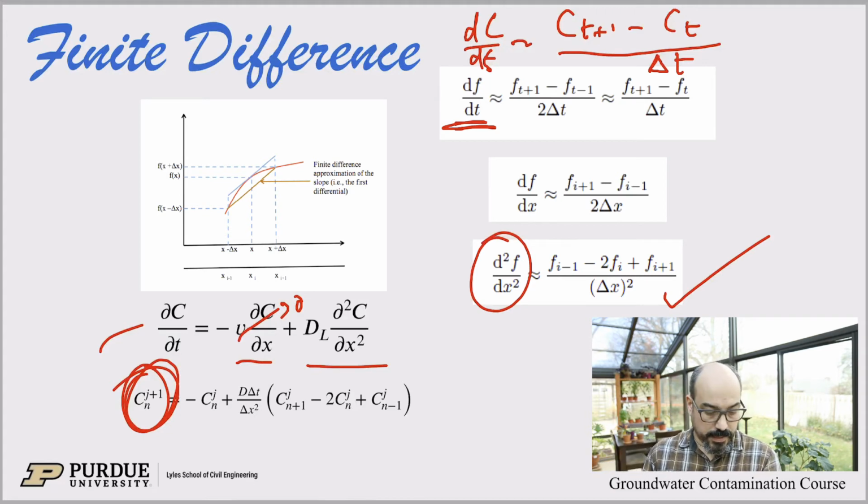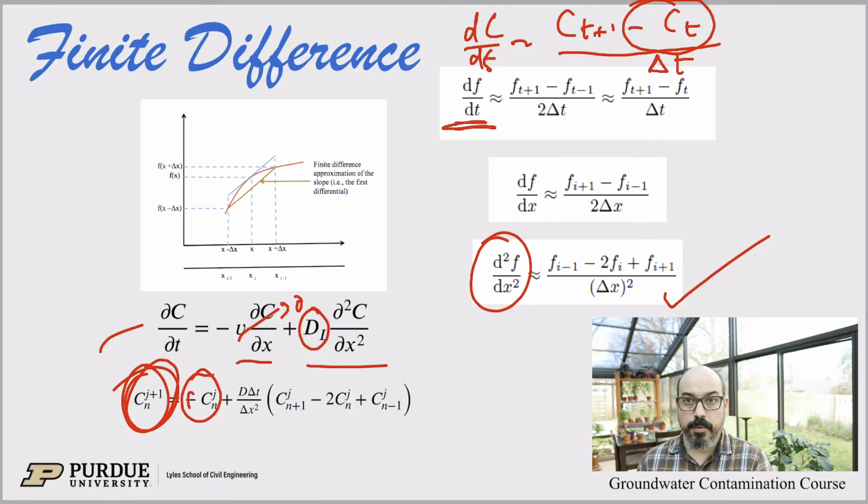C at t, the concentration now, we'll send to the other side. So it's here. Actually, that should be a plus here. And then dispersion is here, D. Now delta t is at the bottom, so when we send it to the other side, delta t multiplies D divided by delta x squared.